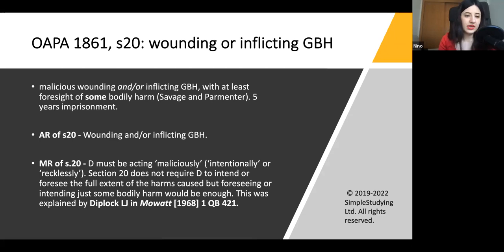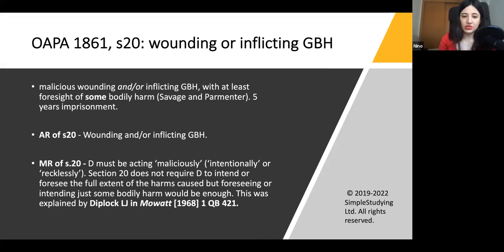You need to, again, clarify what the actus reus and mens rea are in your essay and then apply them to the facts of the case. Mens rea is acting maliciously, intentionally, recklessly, whereas for section 47, the mens rea would be to intend to inflict some harm.